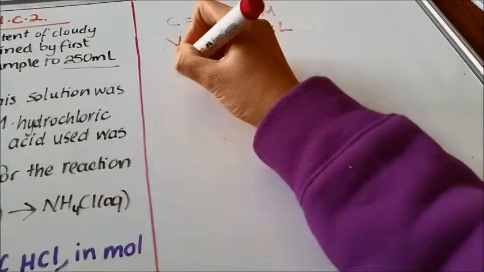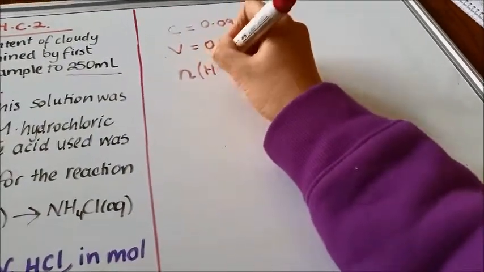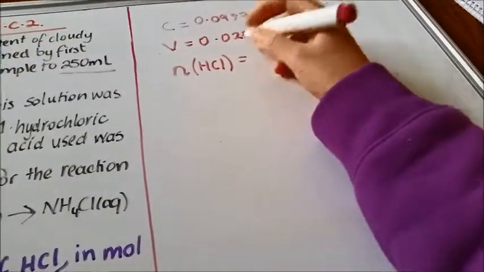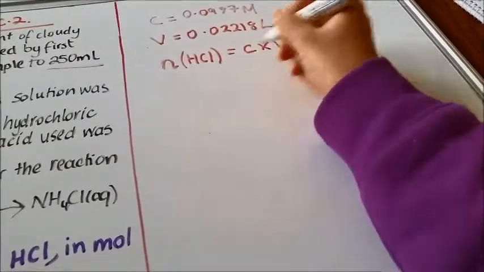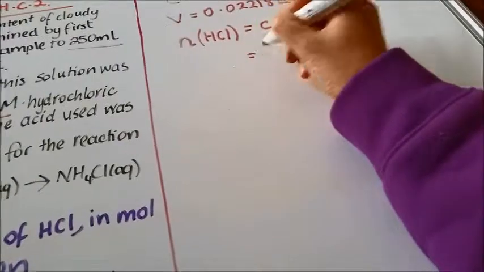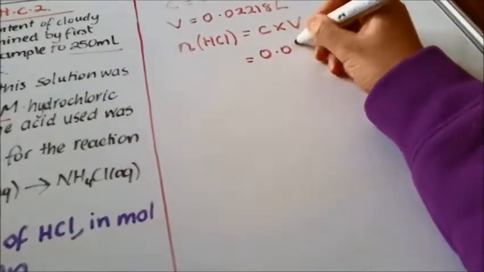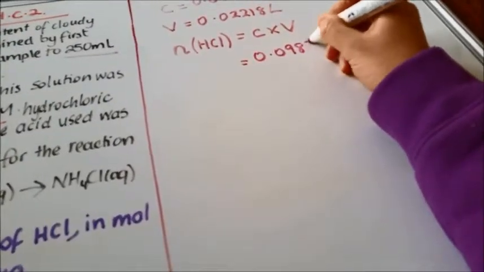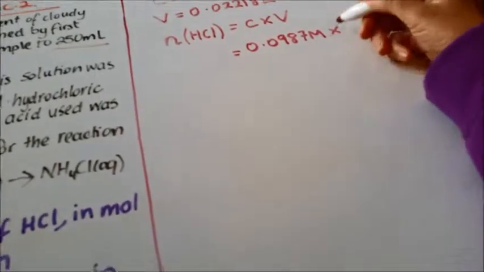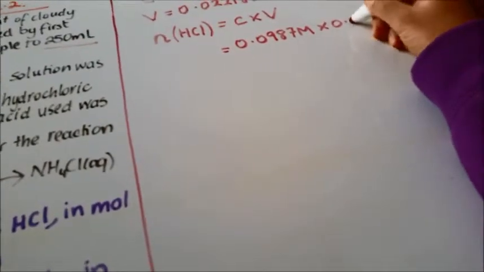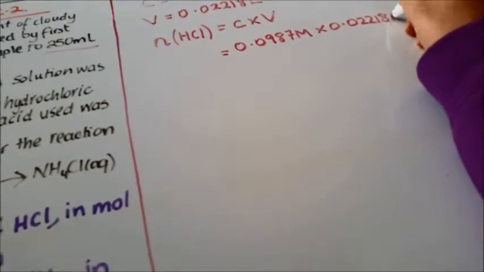Now, to figure out our amount of mole of hydrochloric acid, it's simply going to be n equals c times V. If we substitute in our values, which we've got up above, and of course we're going to include units because that's just the way we roll.